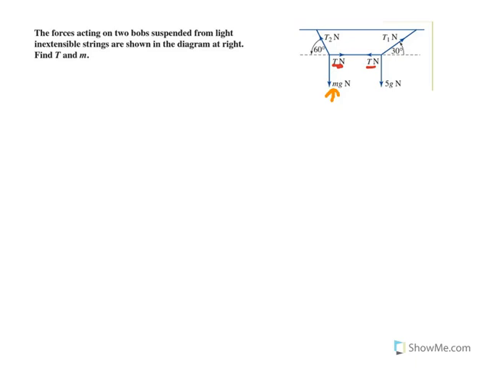Alright, so as I mentioned on the previous page, we did resolve horizontally and vertically. So horizontally, these two tensions T1 and T2, we can put them in a horizontal component, and we can also create a vertical component for them.